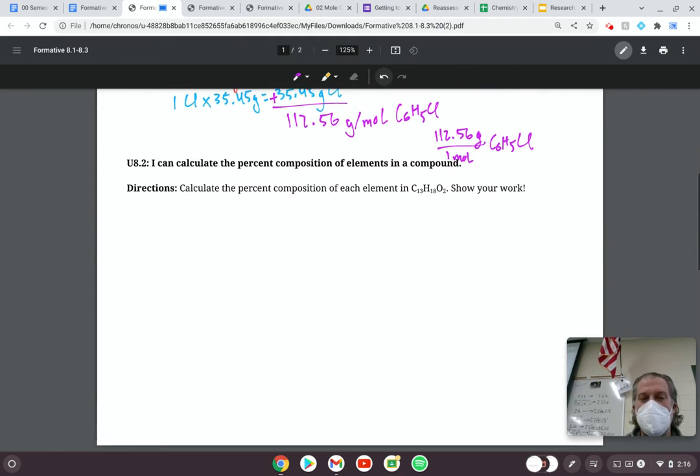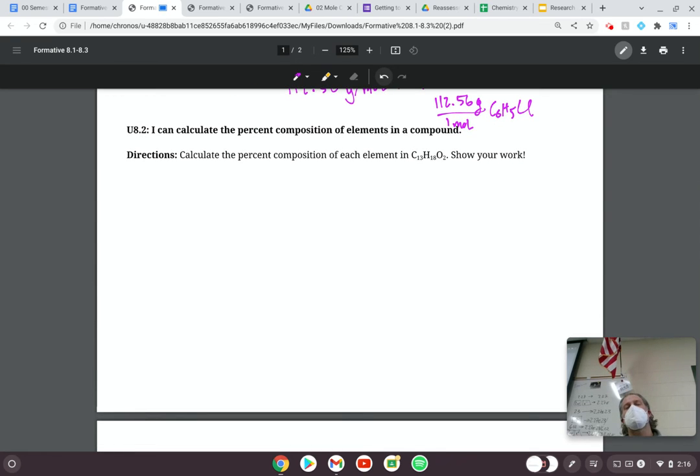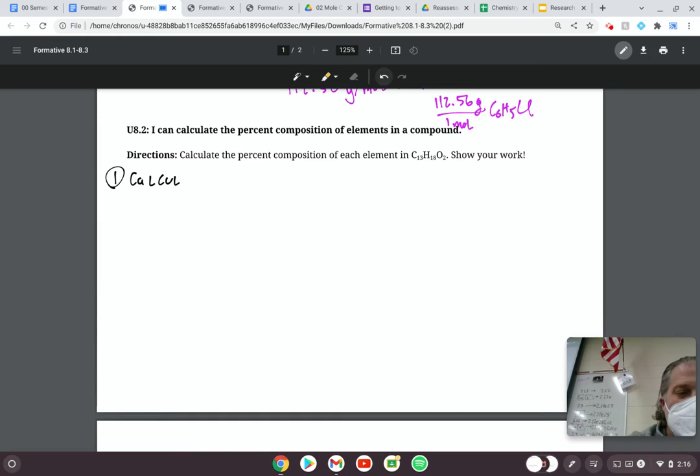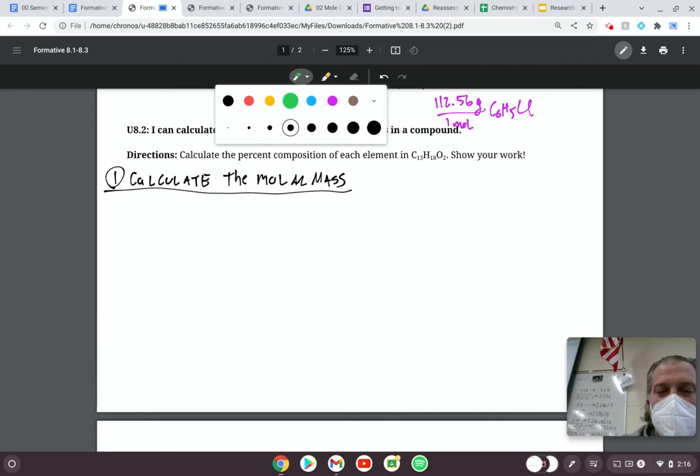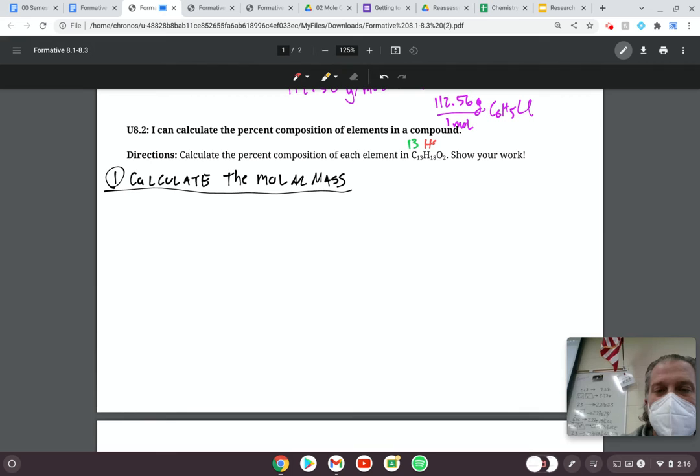The next problem on here is calculating the percent composition of elements in the compound. So there's 2 steps to these types of problems. One is to calculate the molar mass. So in this problem, there are 13 carbons, 18 hydrogens, and 2 oxygens.